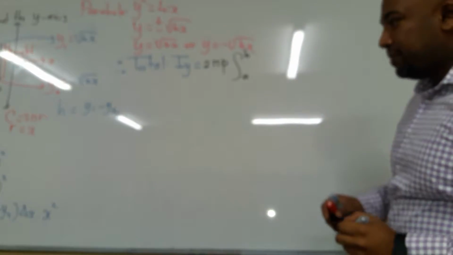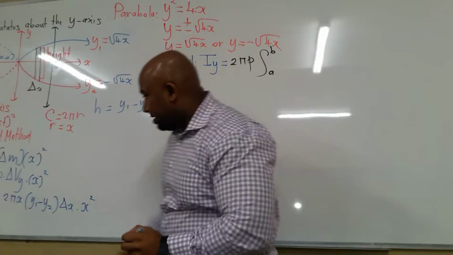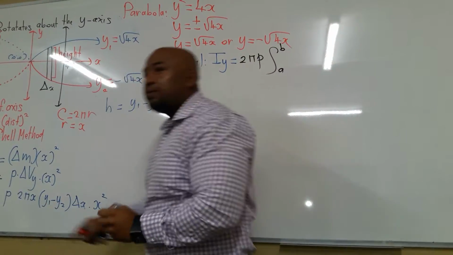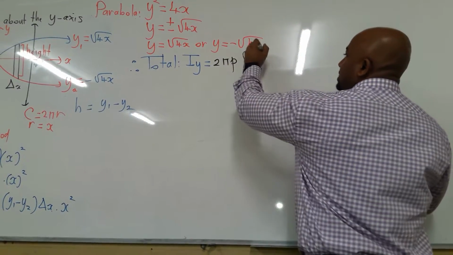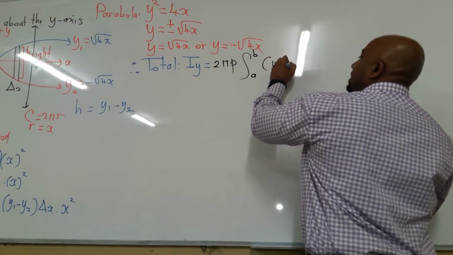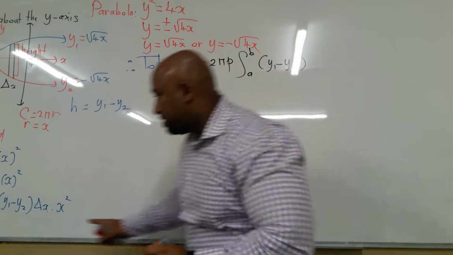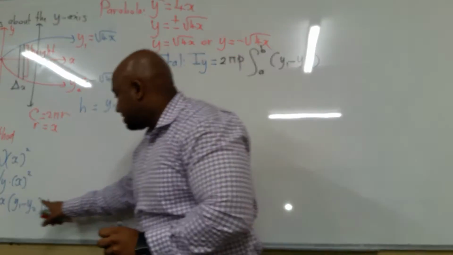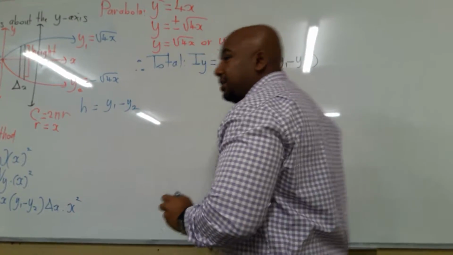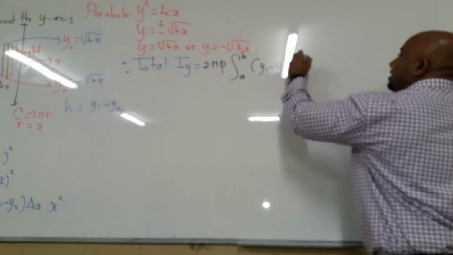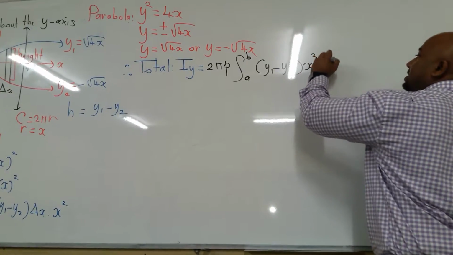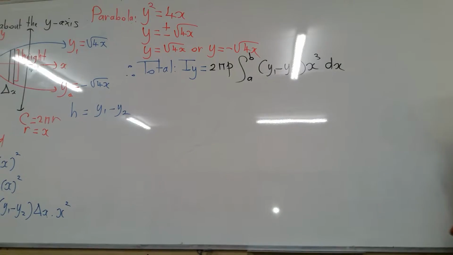We have x times y1 minus y2 times x squared, which will be x to the power 3, and that is dx.